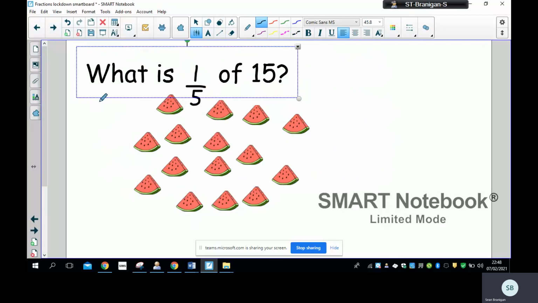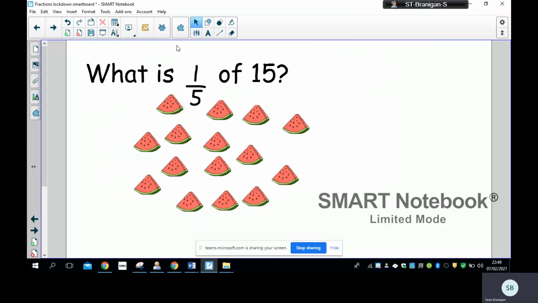So what is 1/5 of 15? If you want to do this with some equipment at home, before I do it, you can pause the video and get 15 things, maybe 15 pieces of cutlery, 15 spoons, 15 teddies. If you've got 15 pieces of watermelon, it's even better. I've got to find how many is in 1/5 of 15.